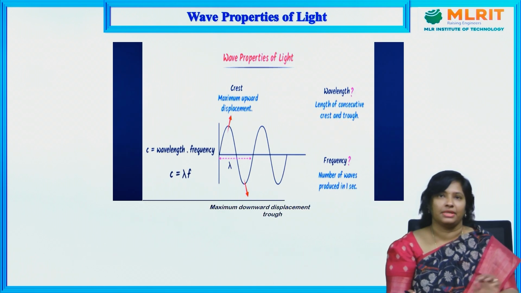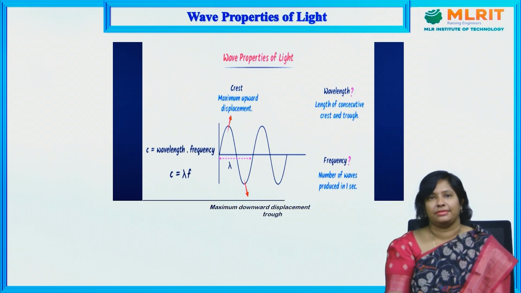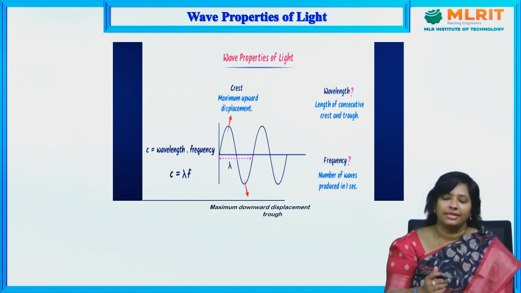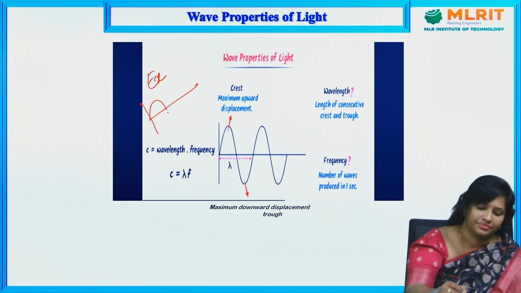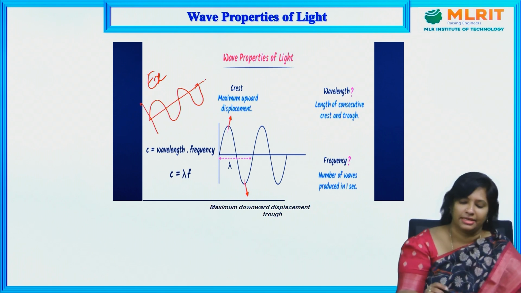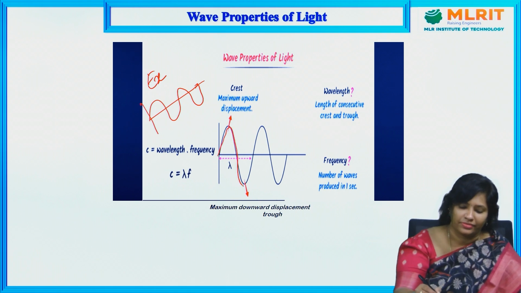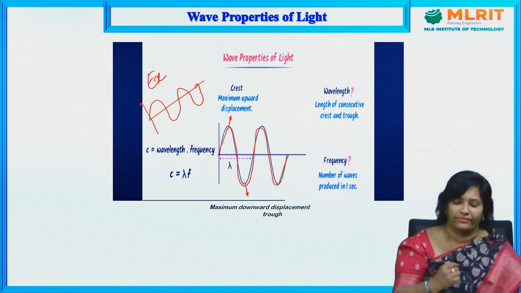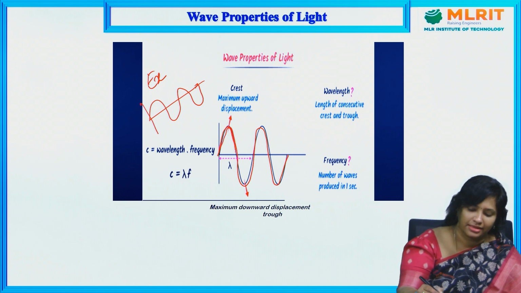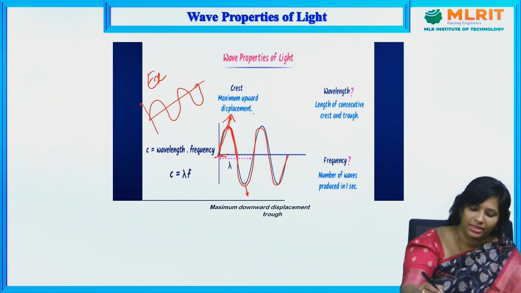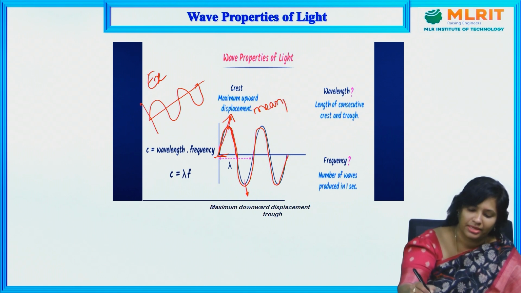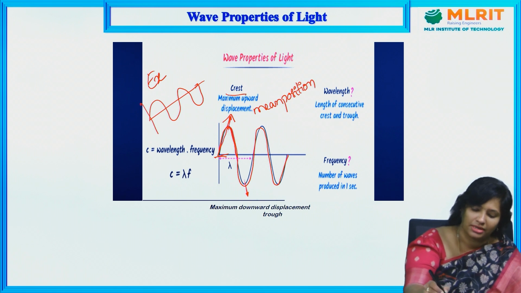Next, wave properties of light. For that, consider an example. Consider a wave. You can see here, the upper part, the maximum upward displacement from the mean position, is called crest.